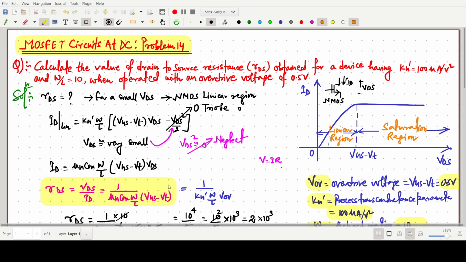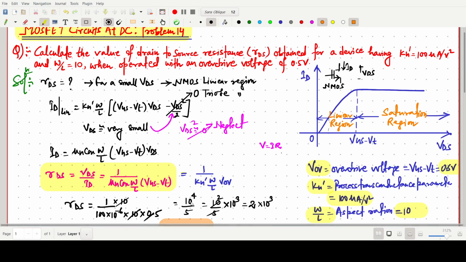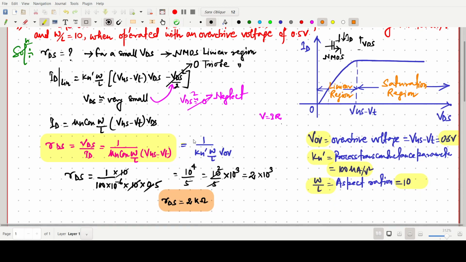So we can easily find the RDS by using this formula. But for where the formula is coming from, you have to go through this approach: RDS is VDS by ID, which corresponds to 1 by the transconductance parameter, aspect ratio, and overdrive voltage. If you solve all these things, this same formula will come.